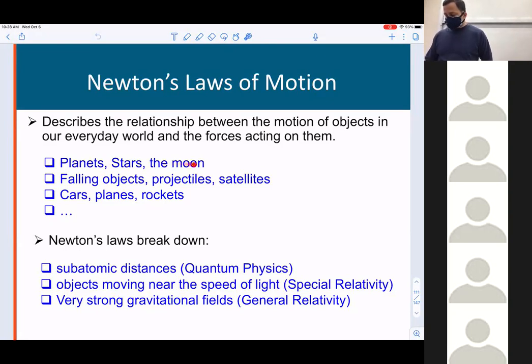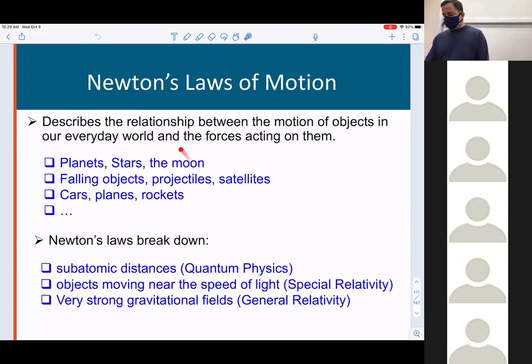So, the motion of planets, stars, the moon, falling objects, projectiles, satellites, cars, planes, rockets, all of this, we put man on the moon using Newtonian physics. And as I mentioned in the very first lecture of this class, we should keep in mind that Newton's laws do break down when you start looking at physics at the subatomic level, or when objects are moving near the speed of light, or if you're next to a black hole or something, then you need to extend your theories.